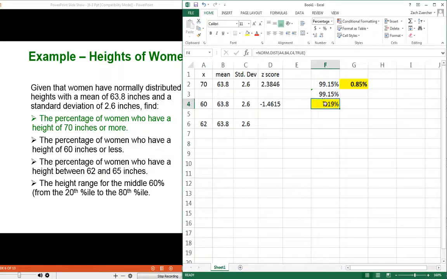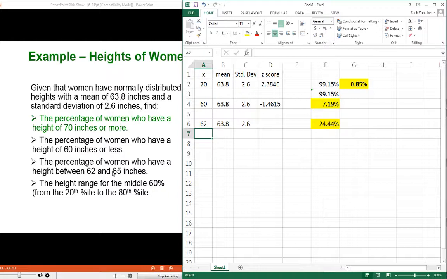Okay, I'm going to copy that, put it down here. Okay, that's 22.44%. That's the area to the left of 62.